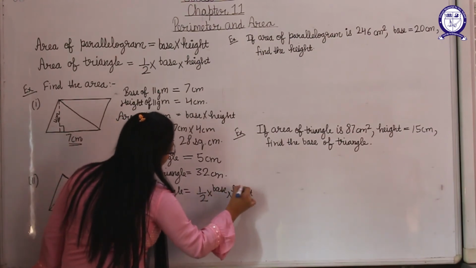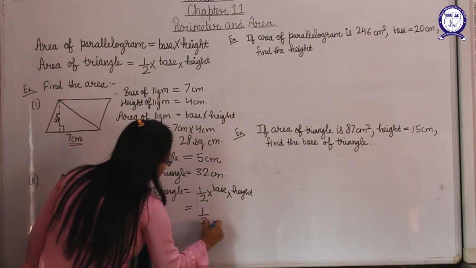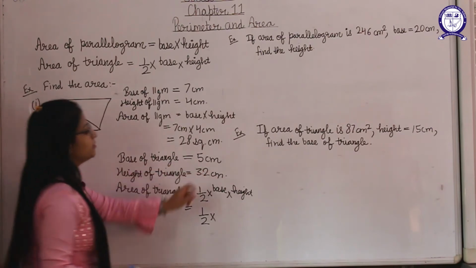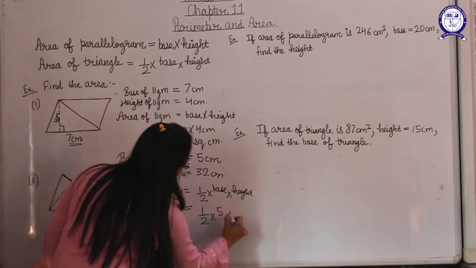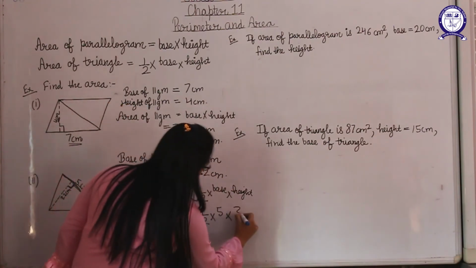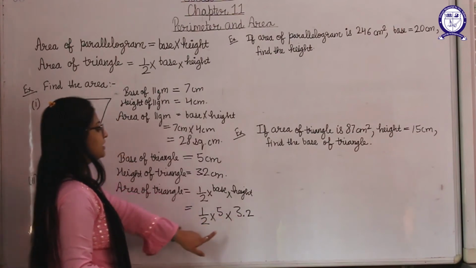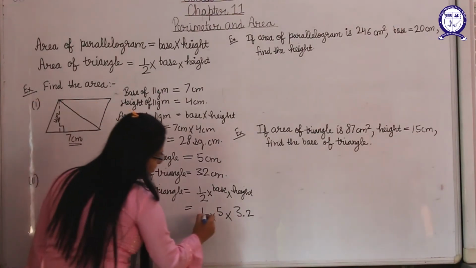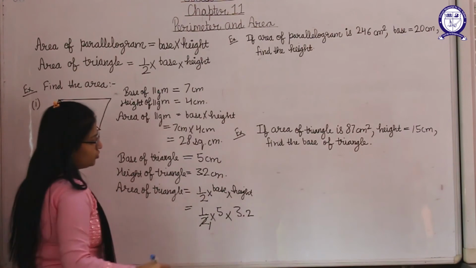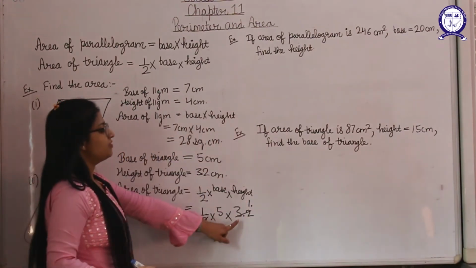Okay, now we will solve. So here half, what is the base? Base is 5 centimeters. So we will write here 5. And what is the height? 3.2. So we will write here 3.2. Now students, 3.2 and this 2, they both are divisible by 2. So 2 1s is 2 here. Here 2 1s will be 2, then there will be a decimal. Now it will become 12.